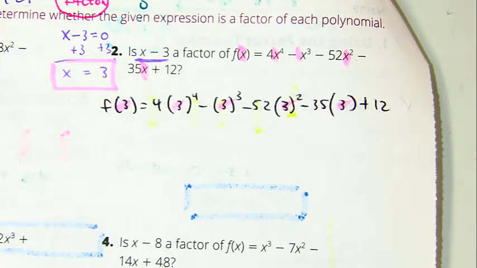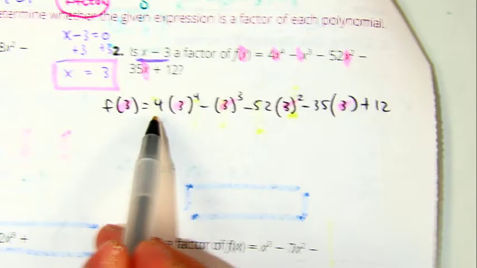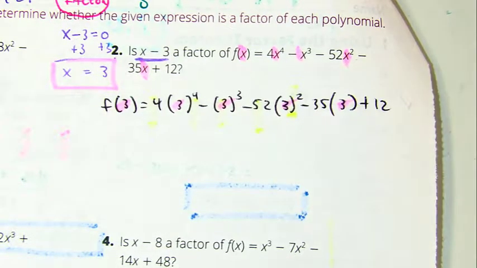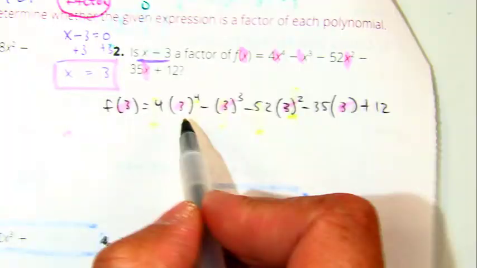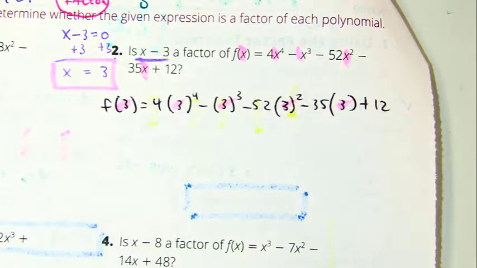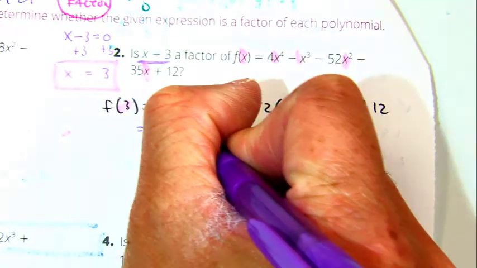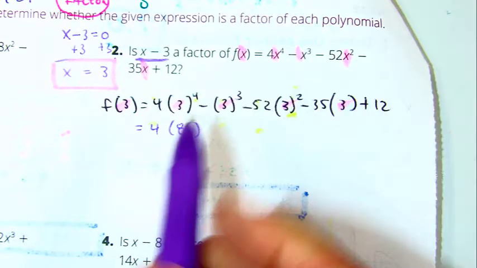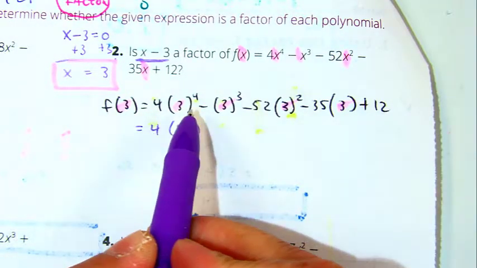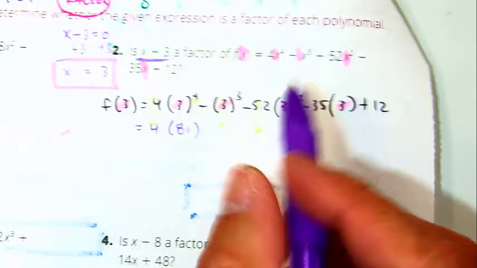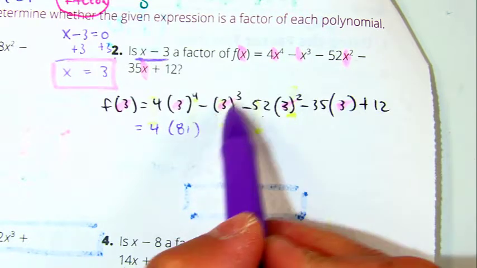Brandon, 4 times 3 to the 4th power. What do we do first? Should I multiply or do exponents? Exponents. What is 3 to the 4th power? 81. Remember, the common mistake is doing 4 times 3 is 12. It is not 12 to the 4th power. Brandon, should I do negative 3 to the 3rd power?